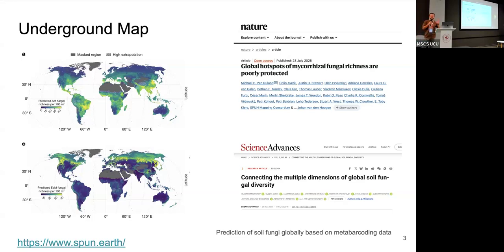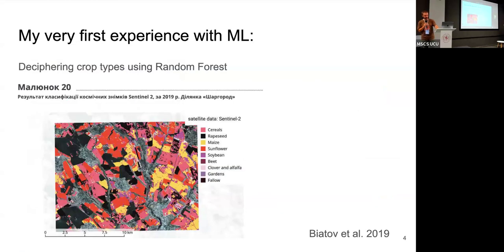Now we have some approximation to this goal, which is not final, but right now, using molecular tools, DNA metabarcoding derived from soil, and machine learning, just pretty ordinary random forest, we achieve a high resolution, fine scale global map of mycorrhizal soil fungi for almost the whole terrestrial part of our planet.